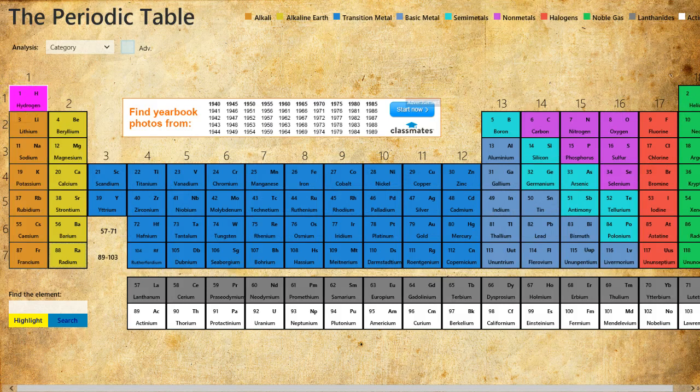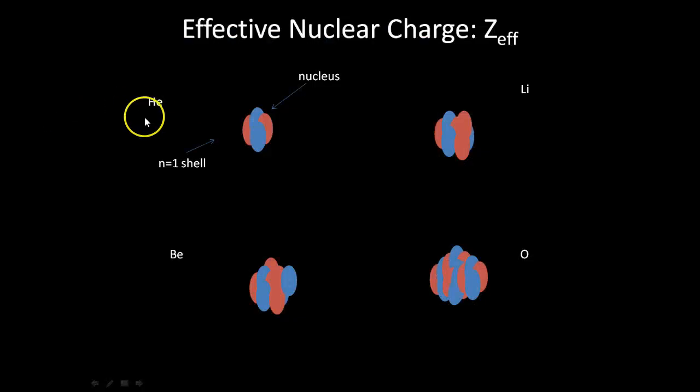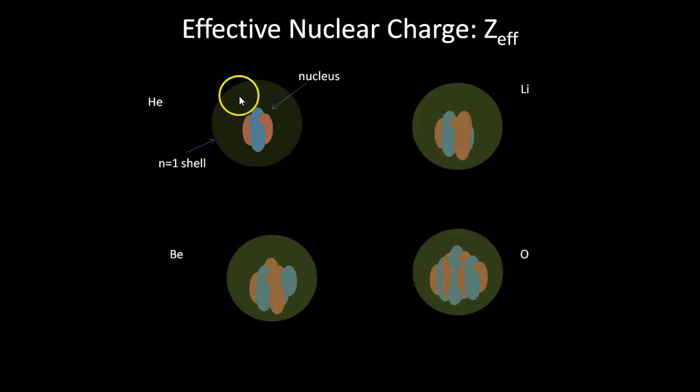These electrons are both in the 1s shell, and so there are no electrons in between the electrons in the outermost shell. The outermost shell is the first shell. There are no electrons in between to block them. So in helium, the electrons feel the entire weight or pull from the protons at the nucleus. And so the shell looks like this.